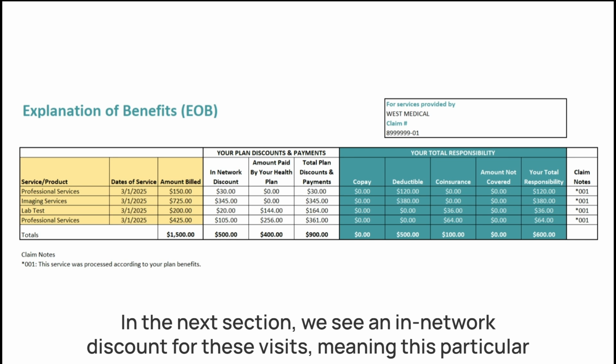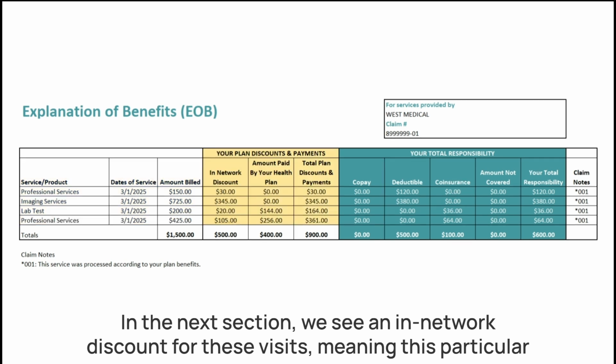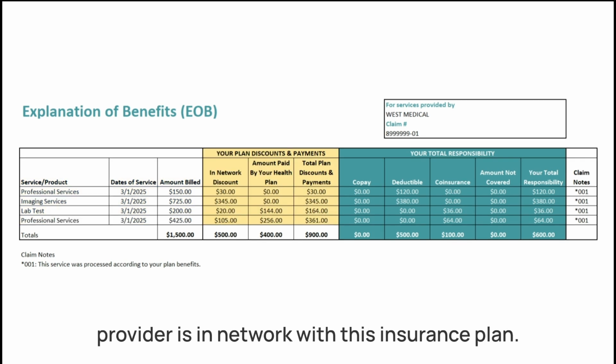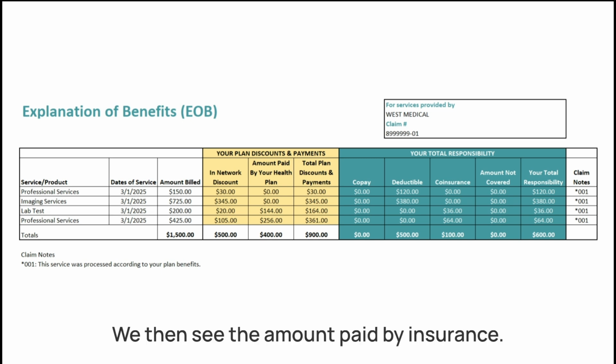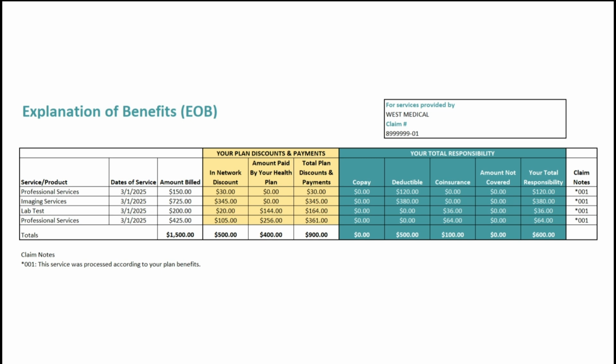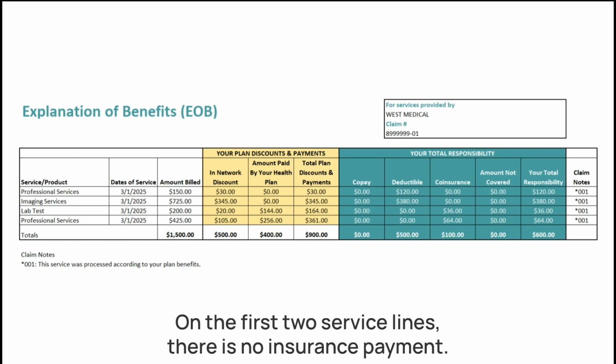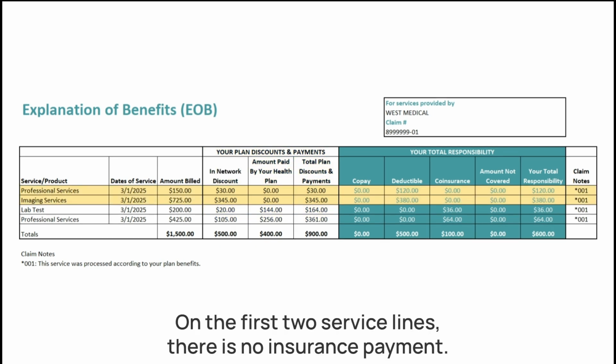In the next section, we see an in-network discount for these visits, meaning this particular provider is in network with this insurance plan. This amount is based on an allowed amount that the provider and insurance company have agreed upon. We then see the amount paid by insurance. On the first two service lines, there is no insurance payment.